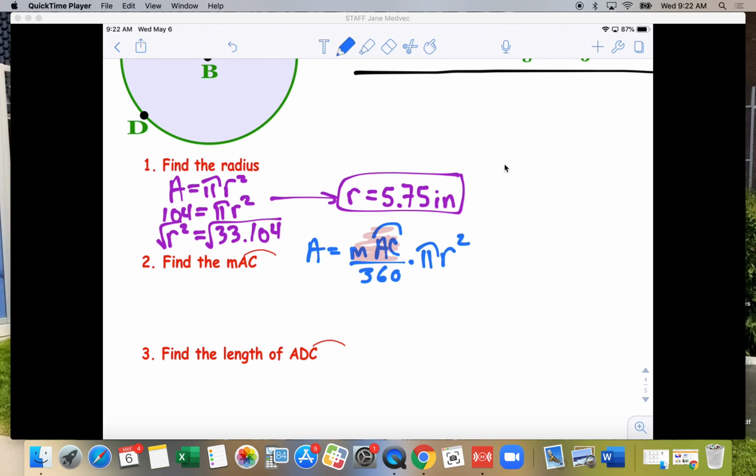So I'm going to grab the area of the shaded region, which is 36, and the measure of arc AC. If you wanted to put an X in there instead, that might be a little bit easier, but that's up to you. Times pi, and then my radius I'm going to grab from up above, so this was 5.75 squared.